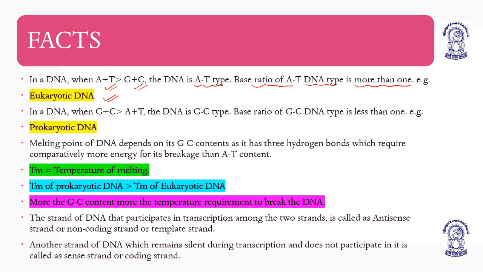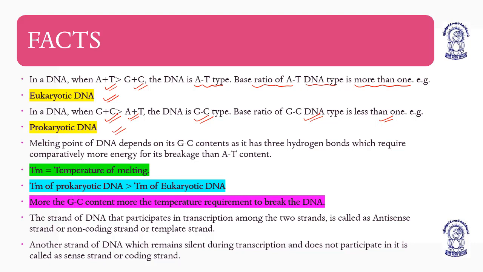Now, in a DNA, when G plus C is greater than A plus T, the DNA is GC type. The base ratio of GC type DNA is less than 1. Example, prokaryotic DNA. So you can easily segregate a prokaryotic DNA and a eukaryotic DNA.